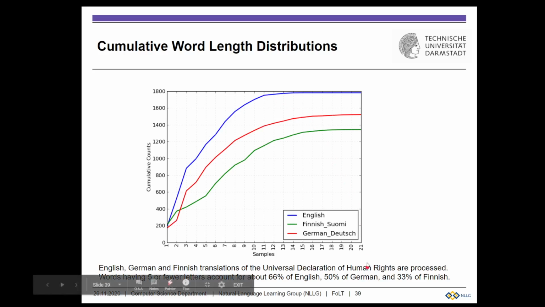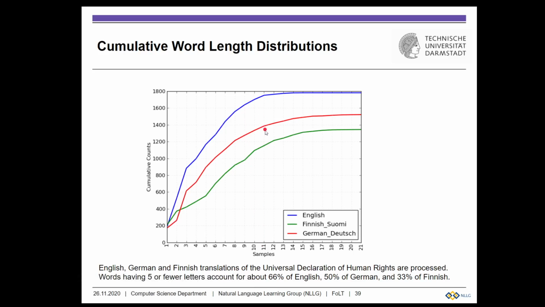And in total, if we go to 21, it's 1800. So in English, overall, there are like 1,800 words. And 780 is like 99% or something. So in English, 99% of our words have length 11 or less.